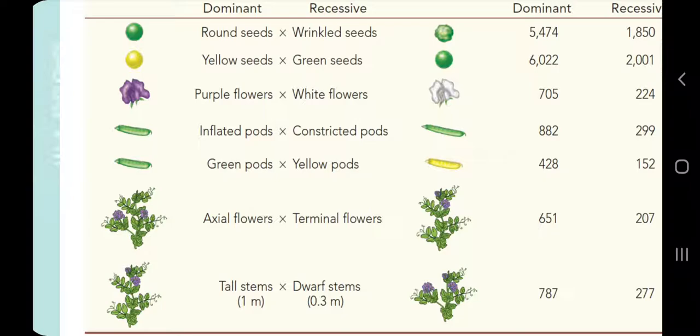He selected these 7 features, and then he performed genetic crosses by using the technique we have discussed before, and then he recorded the results.